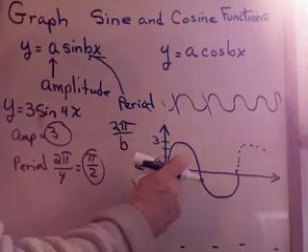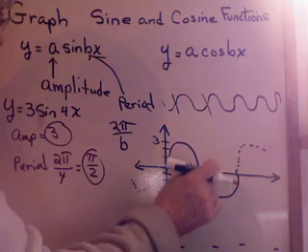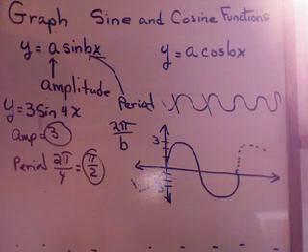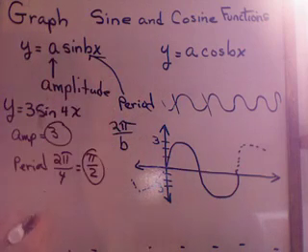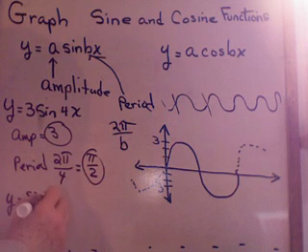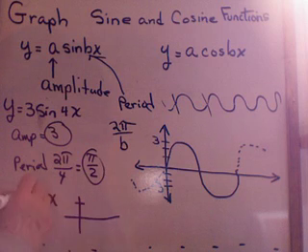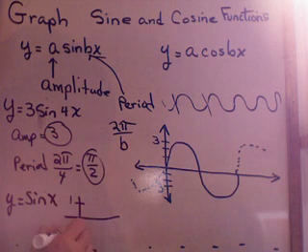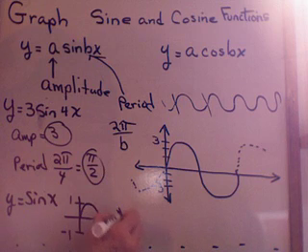But I need some numbers across here because I want to know what the values are in terms of degrees of the sine curve. Now, the standard is 2 pi. So if I said graph y equals sine x, the sine curve would have an amplitude of 1 to -1, and we'd have the complete sine curve, and it would end here at 2 pi.